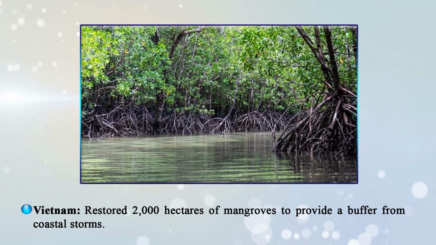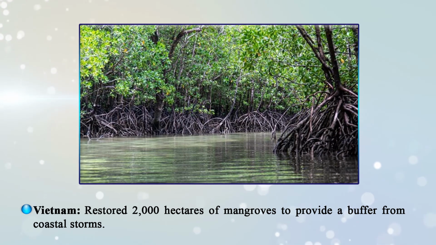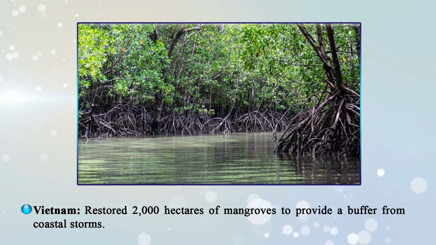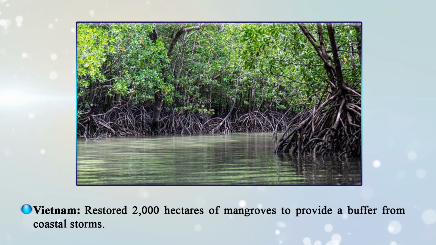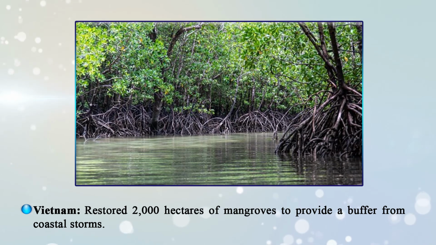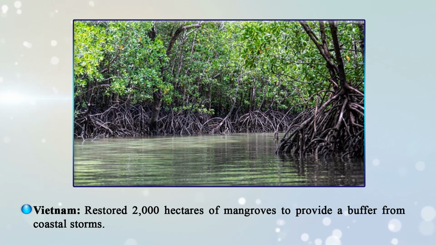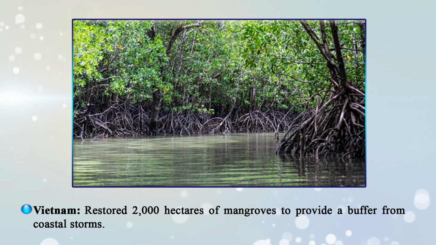These mangrove trees protect the coastal communities in the case of severe coastal storms, and you can see how strong their roots are. They form a buffer and protect the coastal communities from further damage.